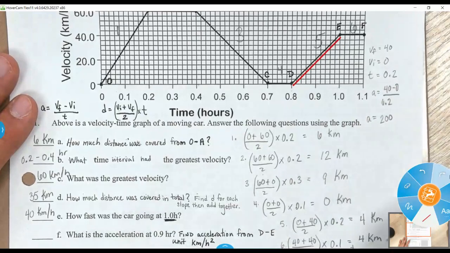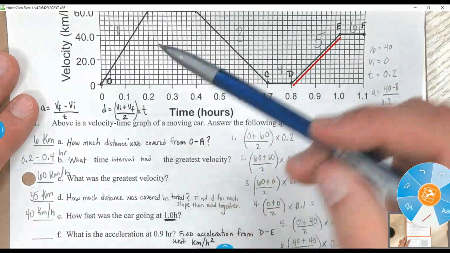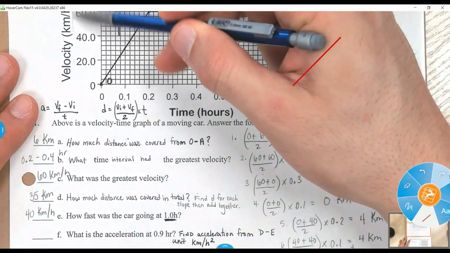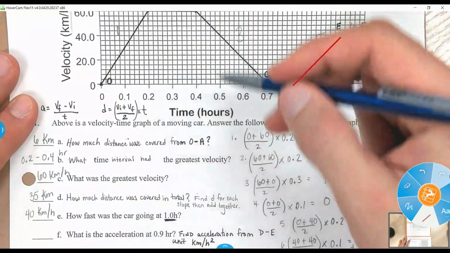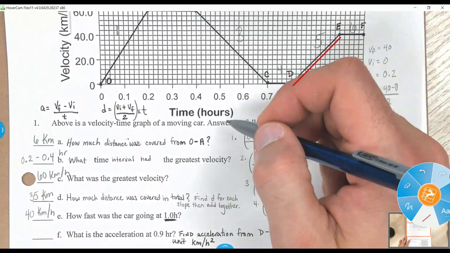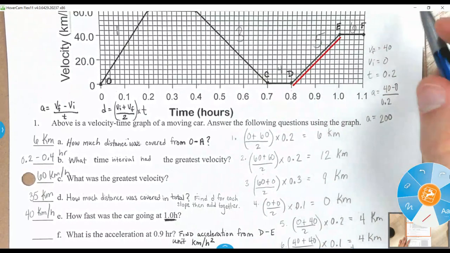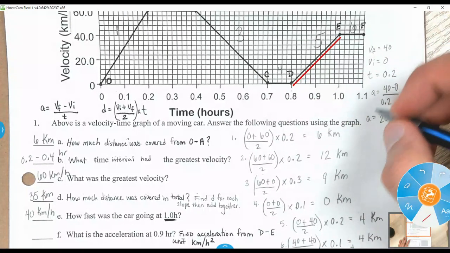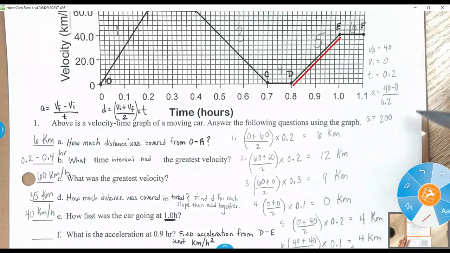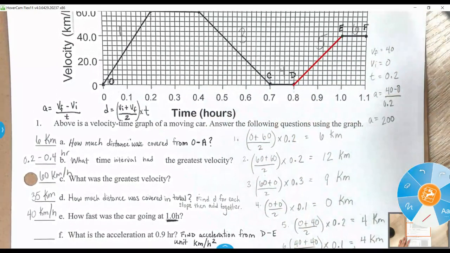Yeah, 200. And now the unit is going to be whatever your speed or velocity unit is, usually divided by the time unit. So most of the time, it will be meters per second squared. But in this case, it's going to be kilometers per hour squared.